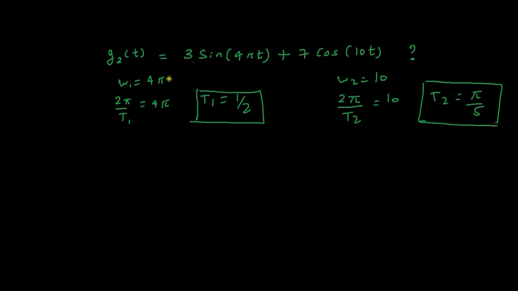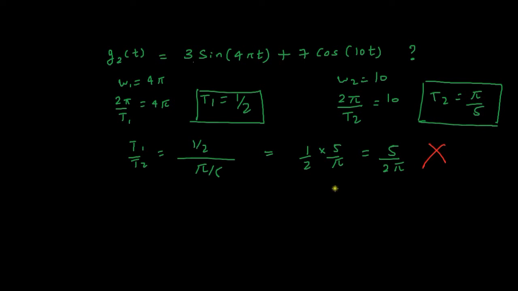So g2 of t is periodic if t1 upon t2 is a rational number. So what is t1 upon t2? This is 1 over 2 upon pi over 5. This will become 1 upon 2 into 5 by pi. This is 5 upon 2 pi. So this is not a rational number.